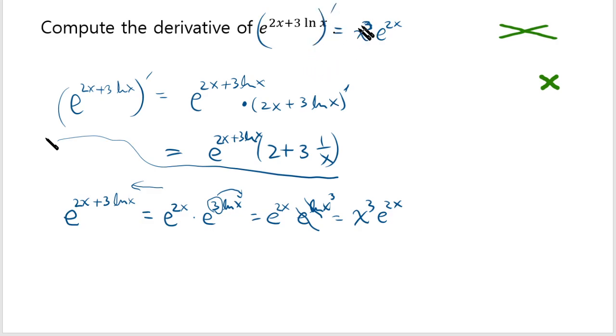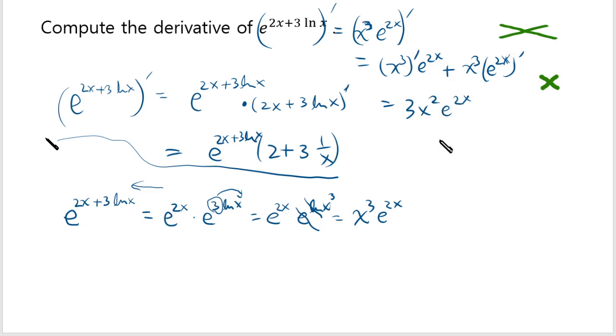And therefore, if we differentiate this, that's just the product rule. X cubed prime times e to the 2x plus x cubed times e to the 2x prime. And x cubed prime is 3x squared, so 3x squared e to the 2x plus x cubed. This is e to the 2x. You're covering 2x. Uncover that and multiply by the derivative of the inside function. And that's 2x cubed.